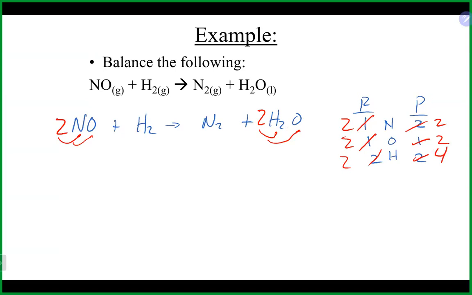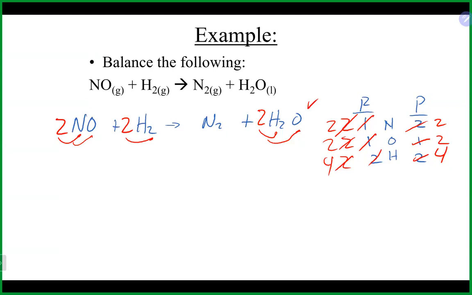At this point, I got everybody balanced except for the hydrogen. And now I can see I just need to go back to the left-hand side there and put a 2 in front of there. And that's going to give me my 2 nitrogens, my 2 oxygens, and my 2 times 2 is 4 hydrogens. And now I do have a balanced equation.